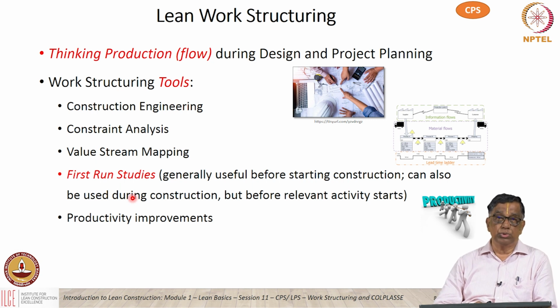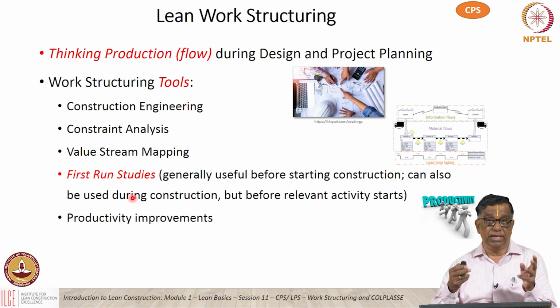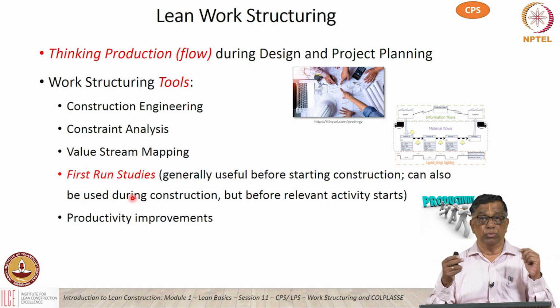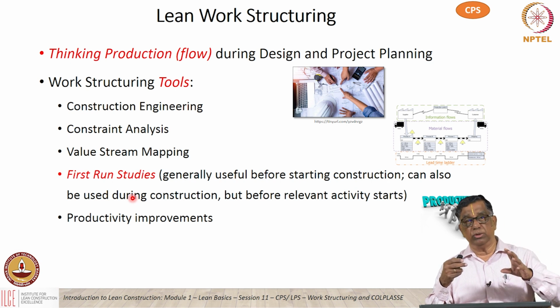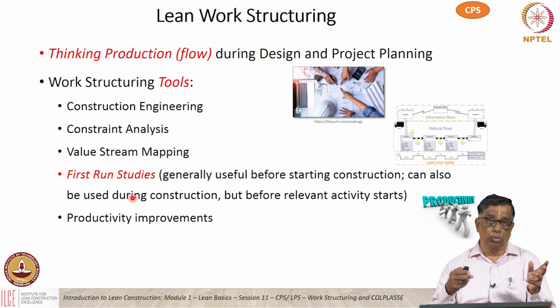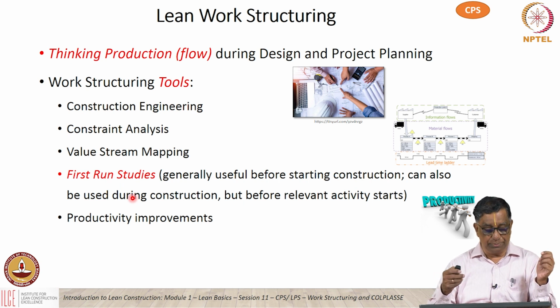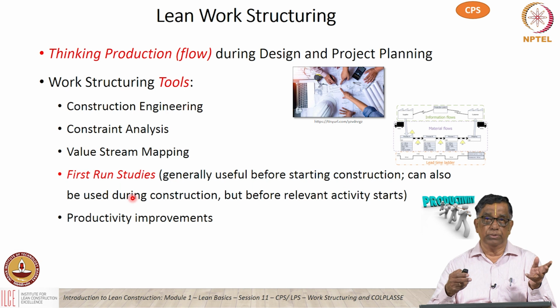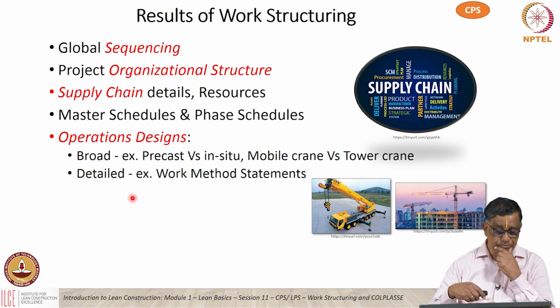Sometimes we also use what are called first run studies, that is, making a mock-up of some of the processes. For example, if you want to adopt precast segmental construction in an extensive manner for the entire city, for the urban metro, you may want to make an initial mock-up or a kind of model test, so that you are sure that the method will work out well for the entire project. There are also methods for improving productivity, like work sampling, which need to be thought of while doing work structuring.